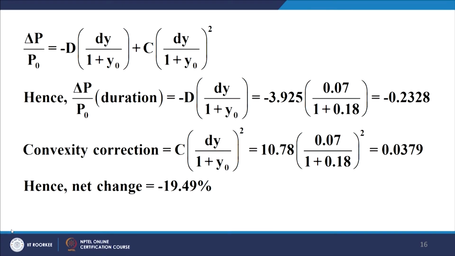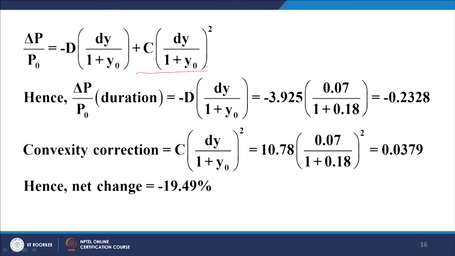Using duration alone, if we ignore the second term, the convexity term, the percentage change in price is minus 3.925 into 0.07, the change in yield dy from 18% to 25%, divided by 1 plus y0, where y0 is the starting point of 18%. On simplification this gives a percentage change in price using duration alone of minus 23.28%.